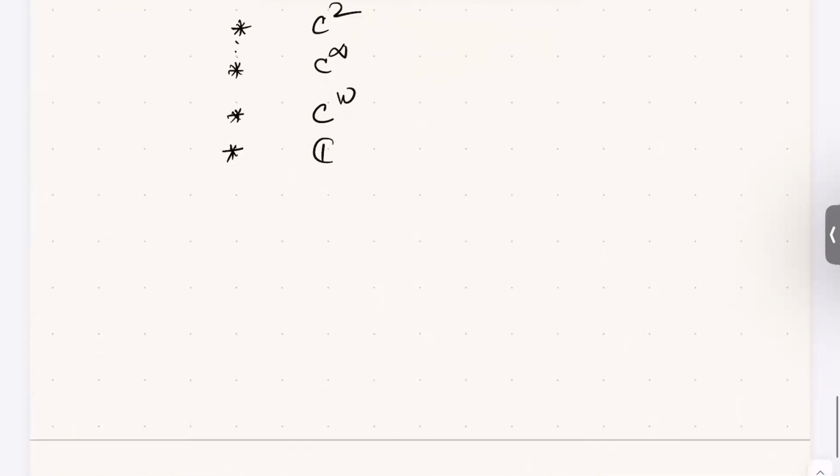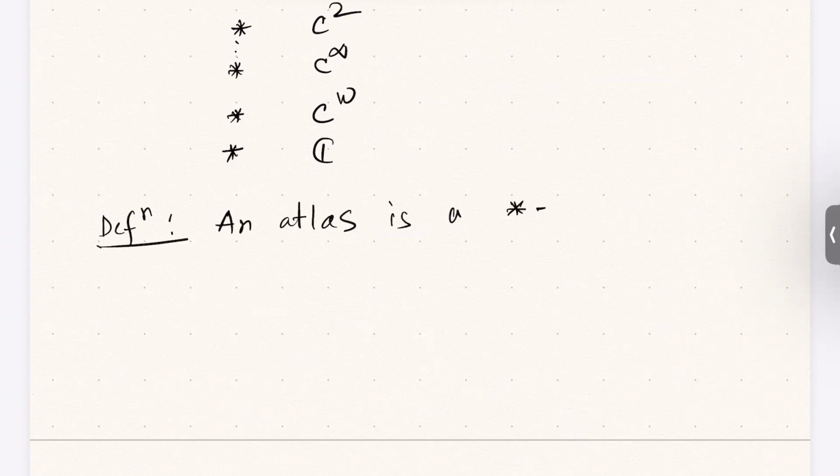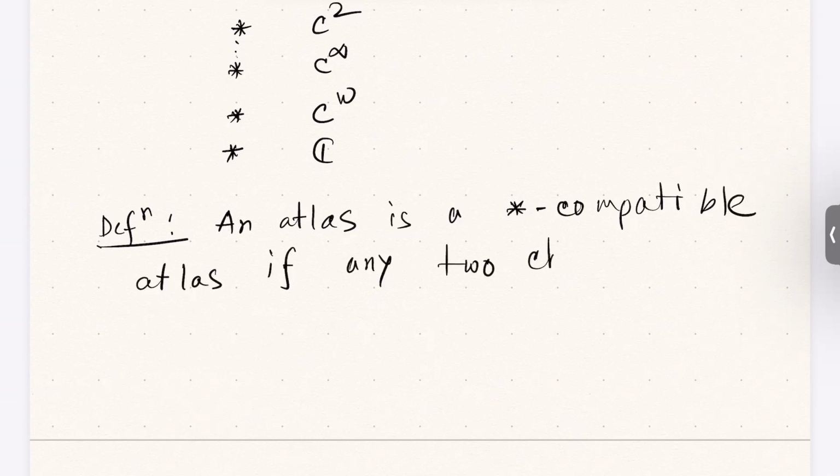So, definition: an atlas A is a star compatible atlas if any two charts in the atlas A are star compatible.